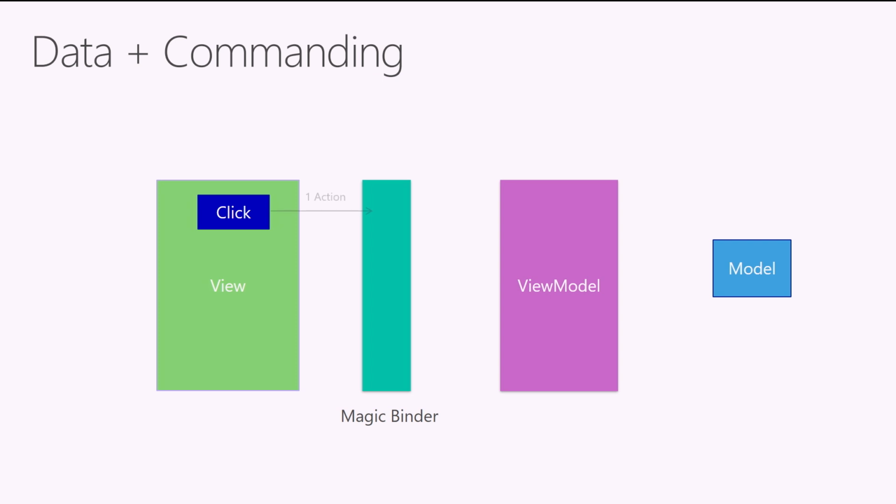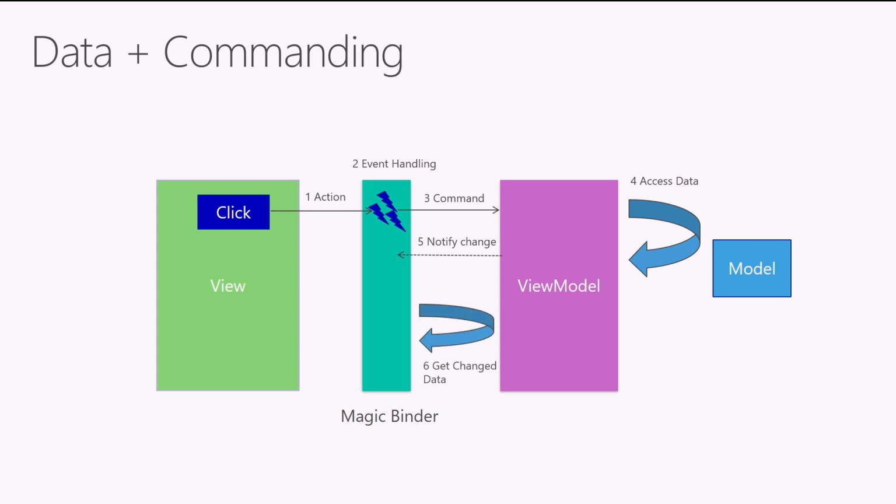There's this magic binding layer in Xamarin.Forms that'll take this action, it'll handle the event for me, and it'll pass a command that is bound to an actual event in my code behind. It'll access some data, do some stuff, notify a change to the user interface, such as our isBusy flag, get some data, and then update our user interface, and it'll say hello, or it'll do something. So this is kind of our flow of our data and event commanding.